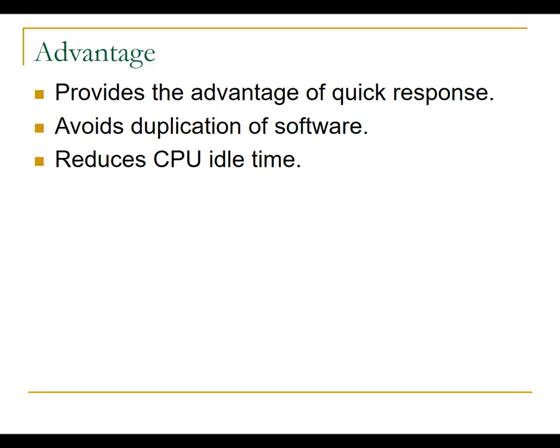So by using a time sharing operating system, CPU idle time can also be reduced. It's very simple: if we have a human resource and we are not using it properly for the execution of several tasks, then a single person cannot handle hundreds or millions of requests.